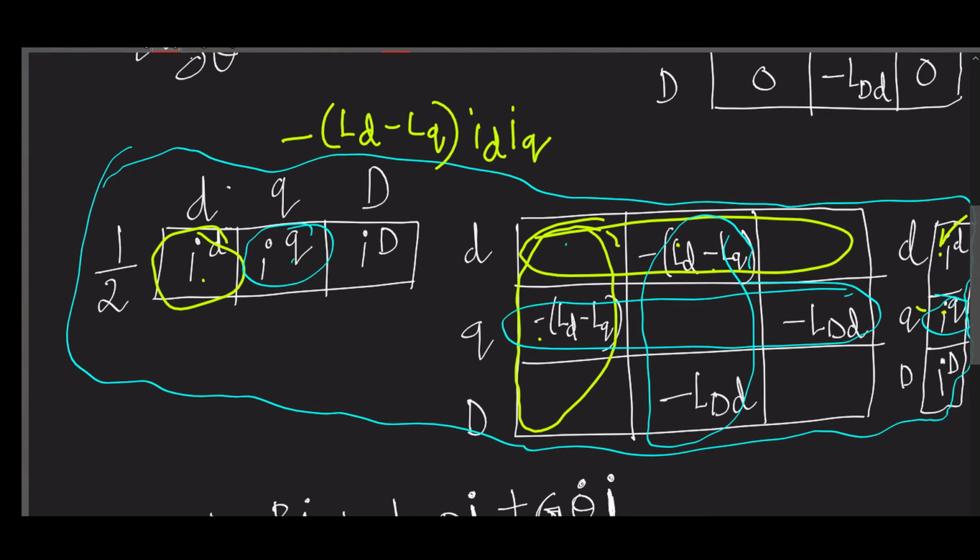So what we will get is very simple, that minus Ld Id square, sorry, no, not Id square, yeah.